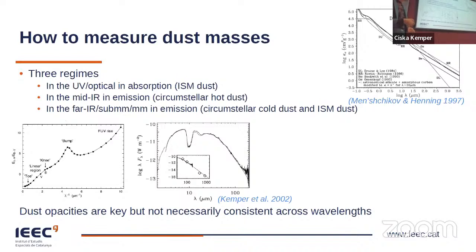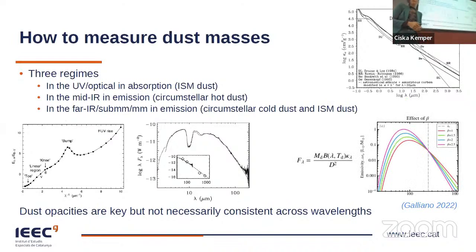You see the silicate features in absorption because it's a high optical depth still at this wavelength, but then at the longer wavelengths, you're having thermal dust emission due to this tail here. This is just an example.